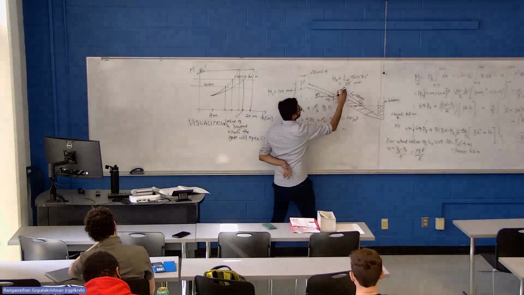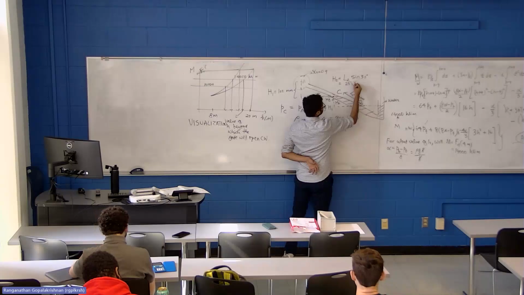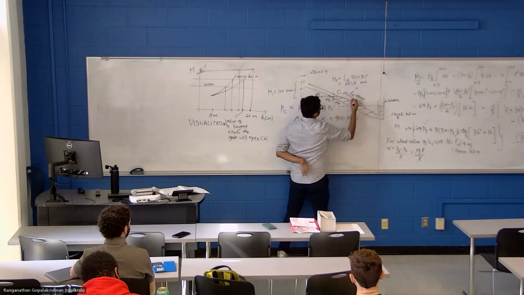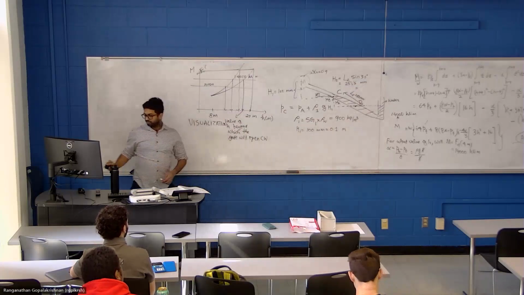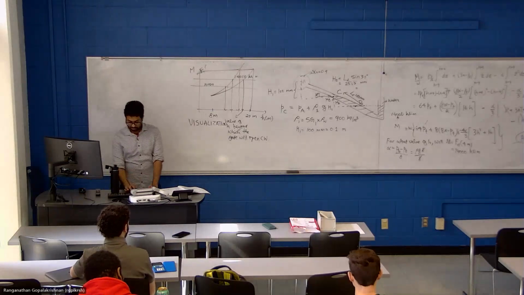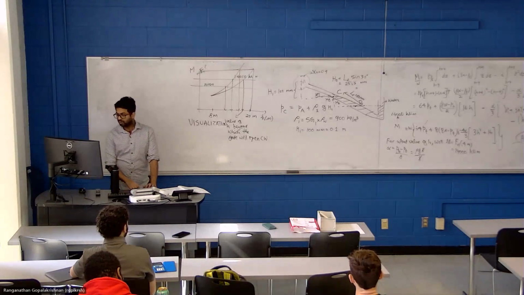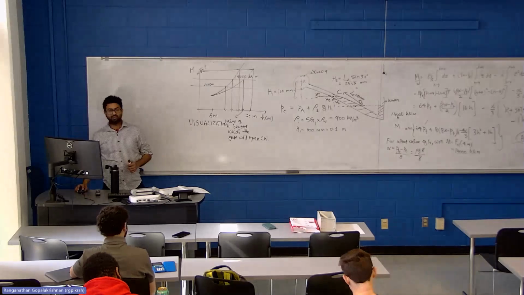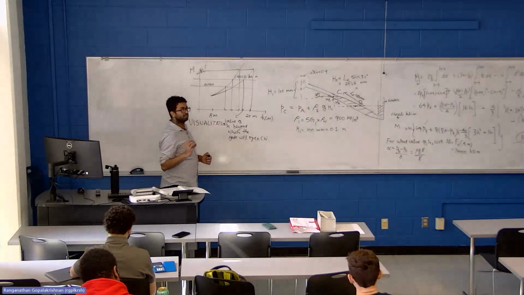Sorry, not 25 millimeters, 25 times square root of 3 millimeters, which is what, 1/4 of 1.73?